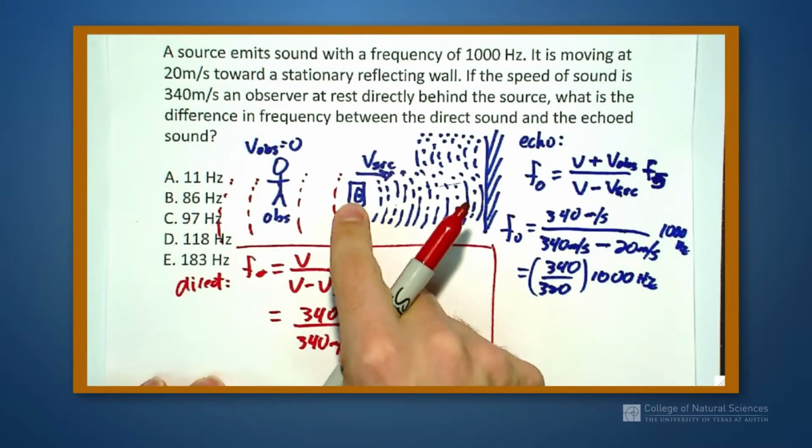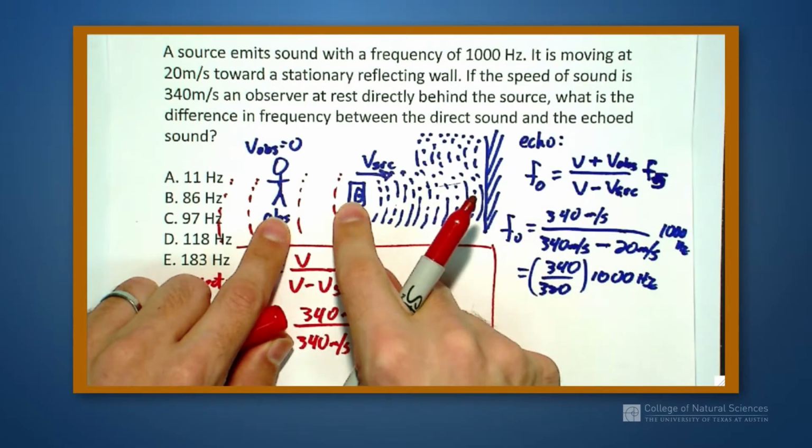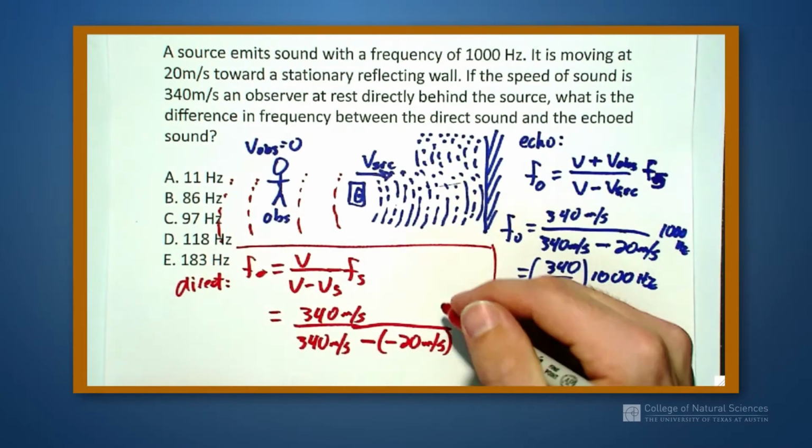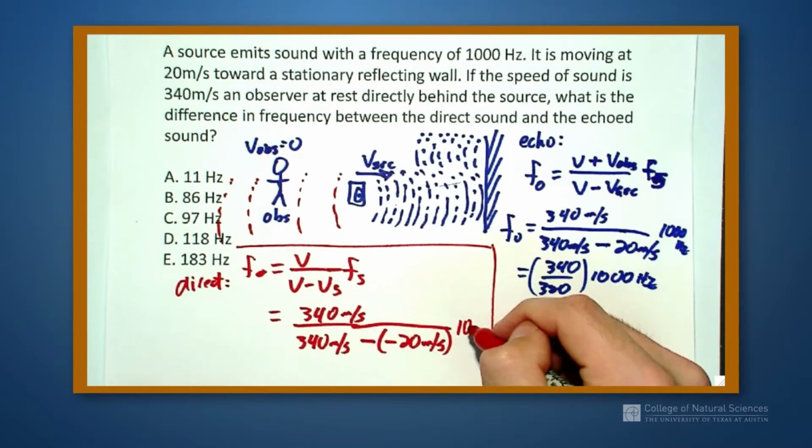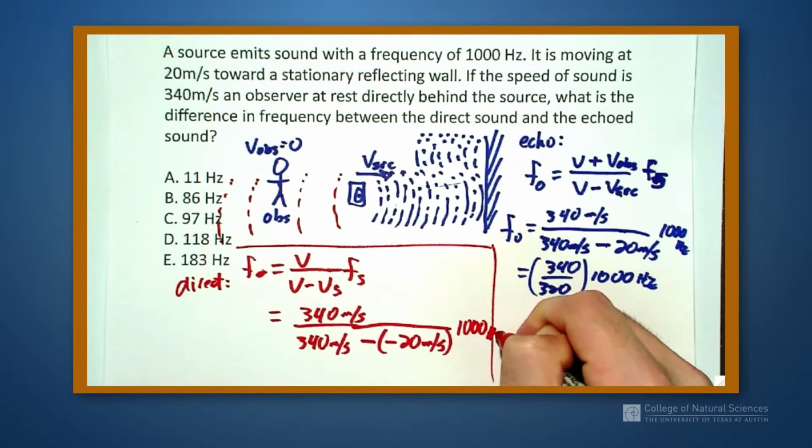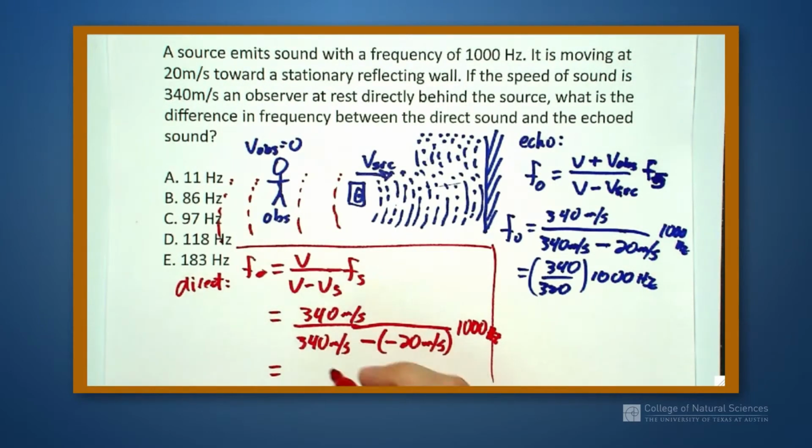My source is traveling away from the observer, so I'm getting further apart, and I introduce that sign change over there. And then again, 1,000 hertz original signal. So this is going to be 340 divided by 360 times 1,000 hertz.